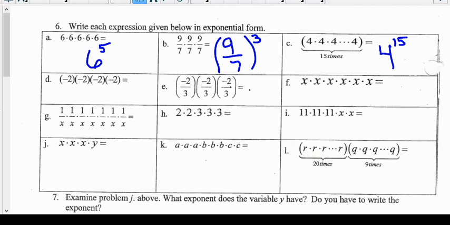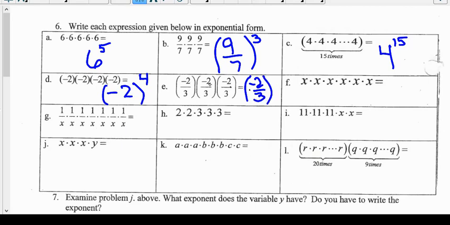Okay, for D, this is the one we have to be really careful of. We have to use those parentheses when we have a negative. I don't think I can say that enough. You have to put parentheses if you want to multiply a negative repeatedly by itself. Same thing here, we've got a negative fraction. Even if we didn't have the negative there, with a fraction you should get used to those parentheses.